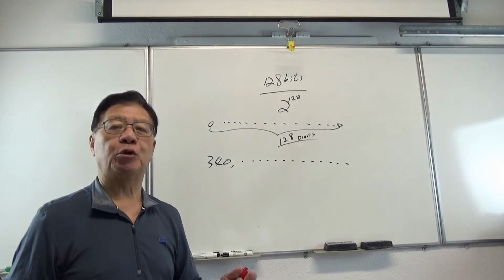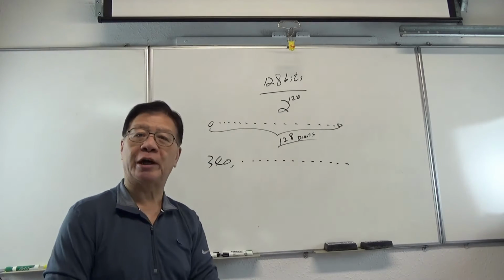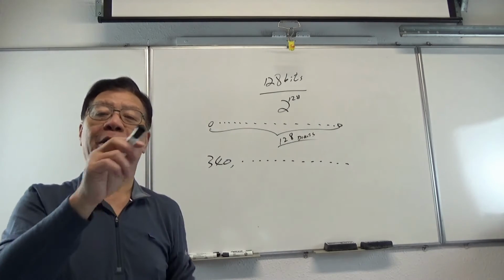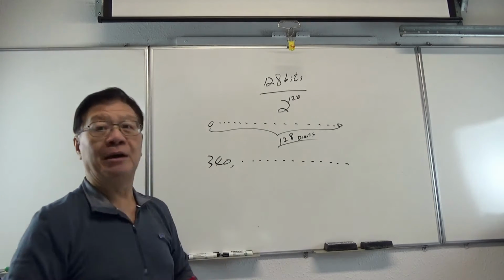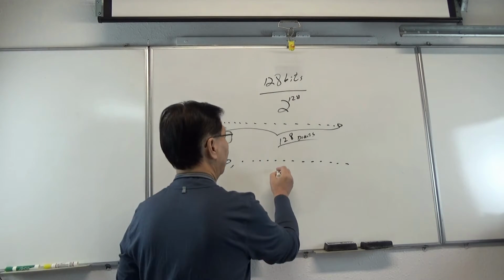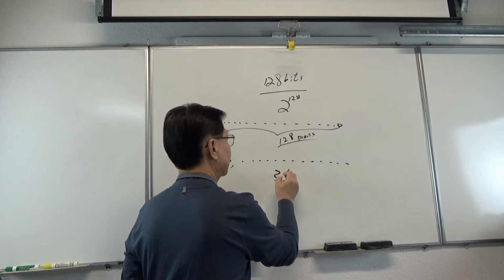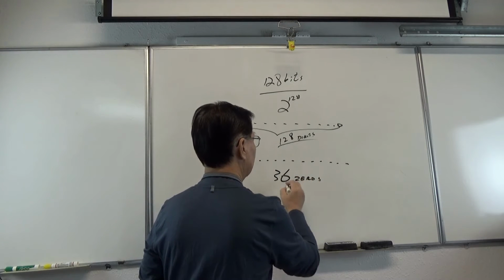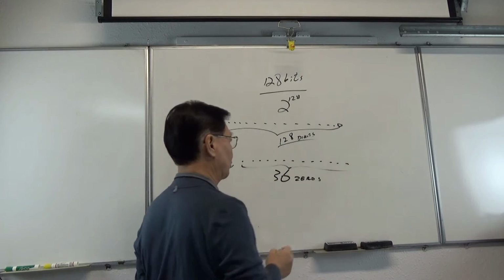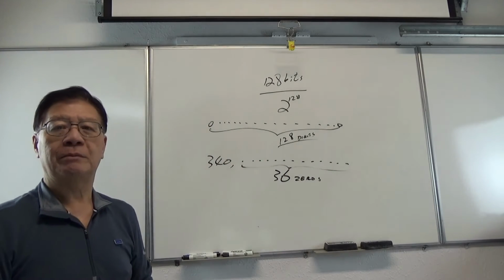Whenever people say 128 bit, it's 2 to the 128. How big is this number? 340 followed by 36 zeros in the decimal system.